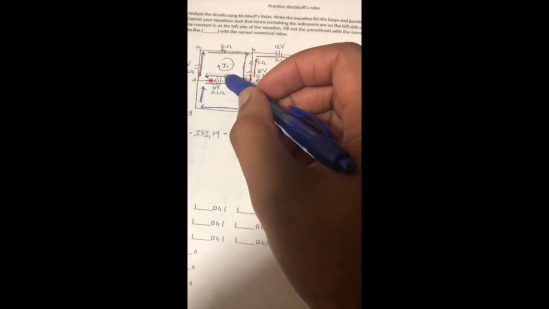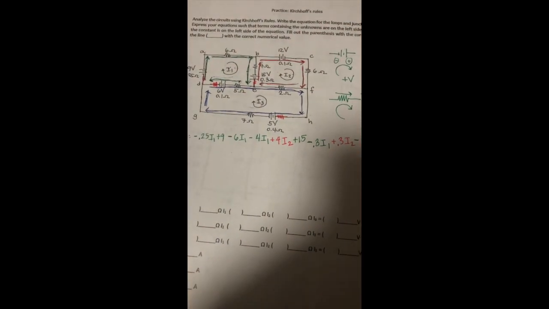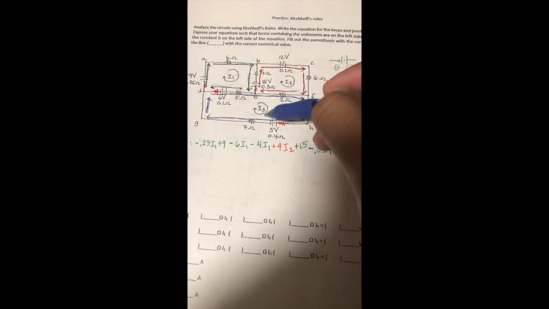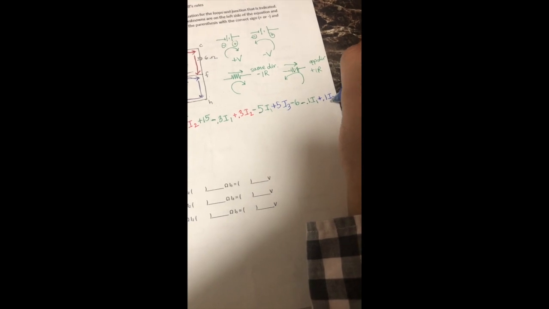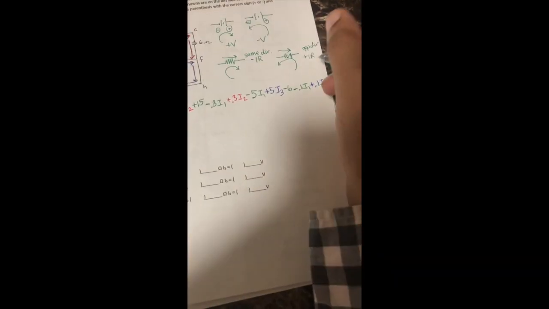So it's going to be minus, and that's a 0.1 resistor, minus 0.1 I1. And then for the third loop, this arrow is going to the left and the third loop is going to the right, so it's going to be plus 0.1 I3. And that's all going to be equal to 0.